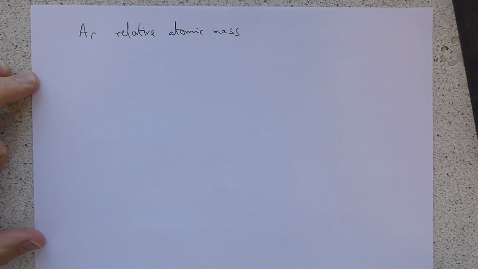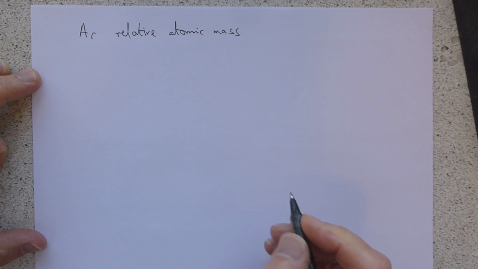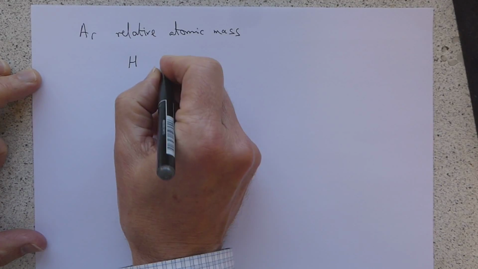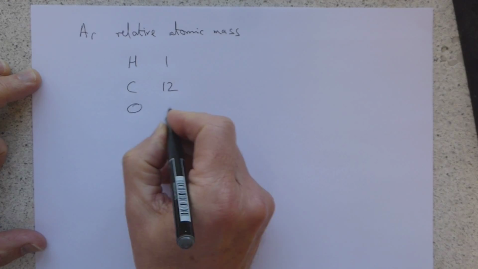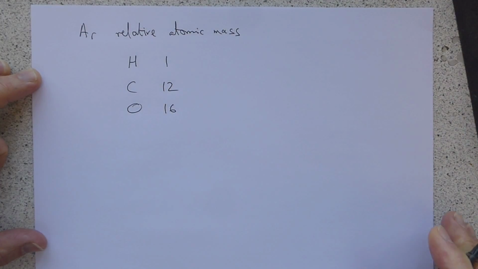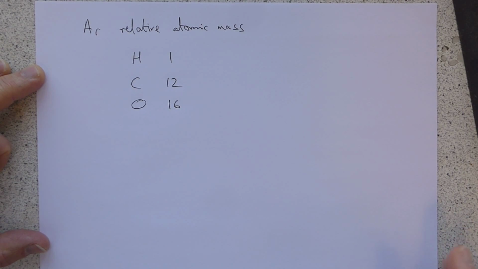So the relative atomic mass is the average of what an atom weighs, and we compare it relative to other atoms, because obviously the actual mass of an atom is tiny, and we compare everything relative to carbon that weighs 12. It doesn't really matter too much that we compare it to carbon, it's just that on that scale carbon weighs 12, hydrogen weighs 1, oxygen weighs 16. Those are just some examples of relative atomic masses.